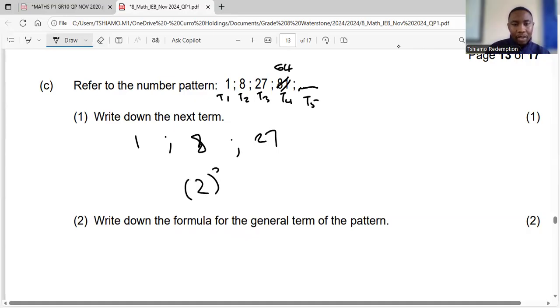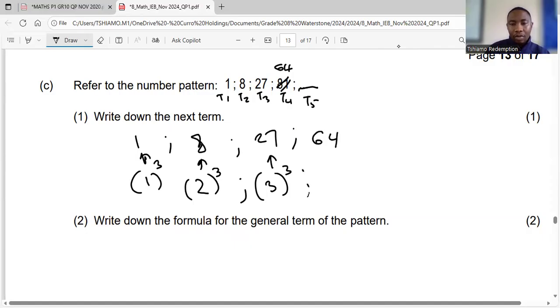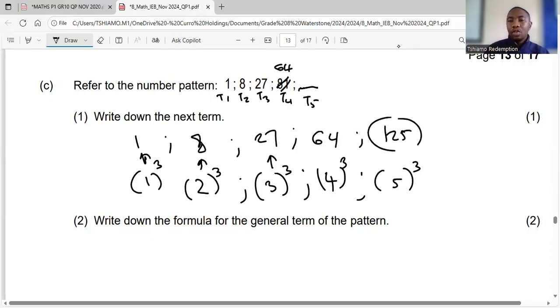And if I cube this, it will give me 8. This is term 3. If I cube this, it will give me 27. This means this will be 1 cubed. So 64 will be 4 cubed. So if I'm looking for term number 5, I will press 5 cubed, which will be 125. So you need to be able to recognize a pattern there.